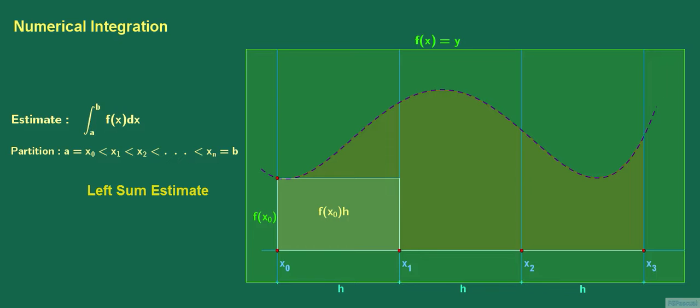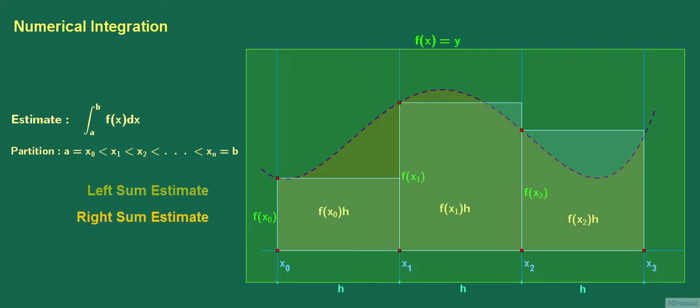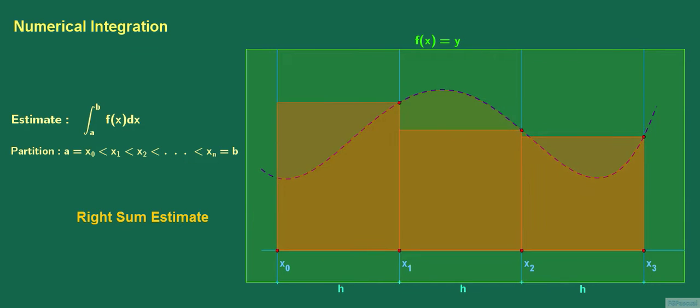So for the first subinterval, the product f of x sub 0 times h represents the area of the rectangle, estimating the area between the graph of f and the x-axis on the first subinterval. This is true for every subinterval. On the other hand, the right sum estimate uses the y values at the right endpoints.